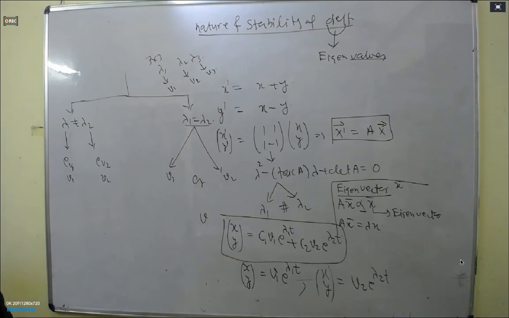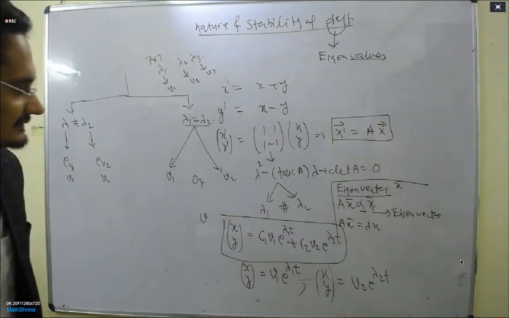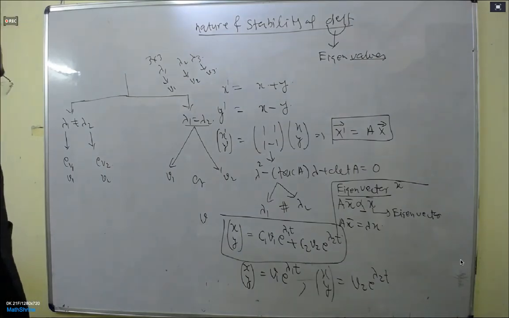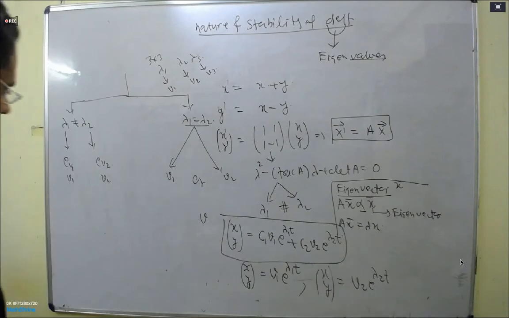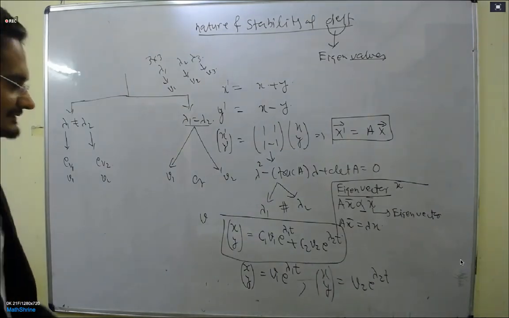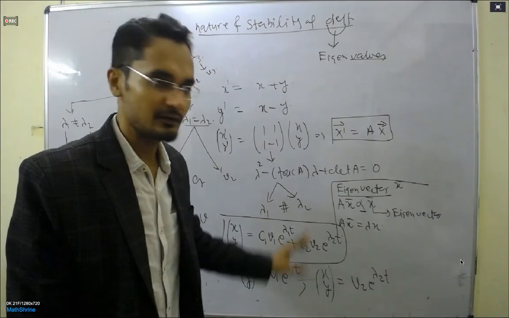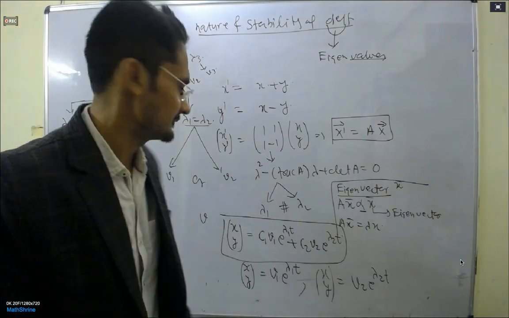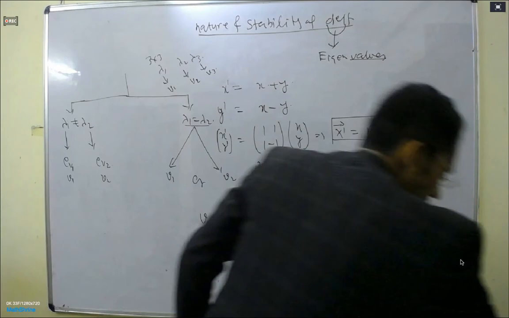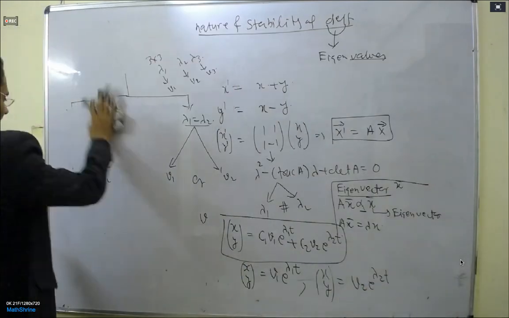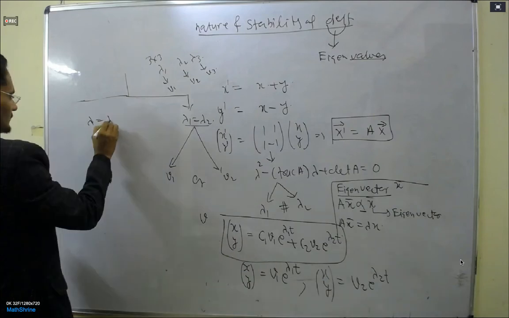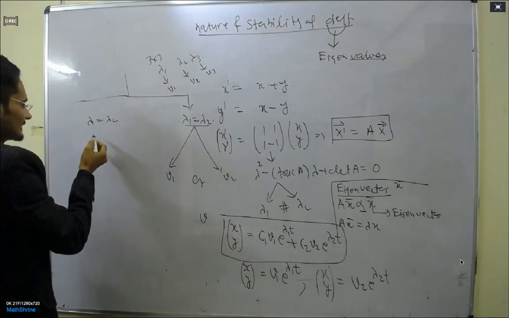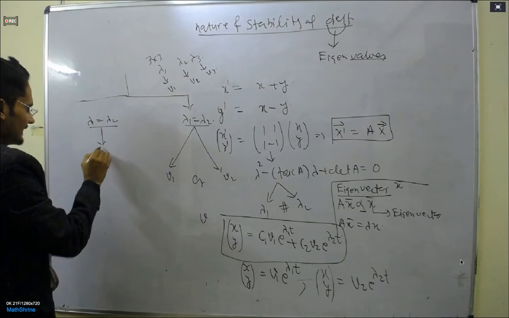Then your answer will be, yes, x comma y is equal to c1 v1 e power lambda 1 t plus c2 v2 e power lambda 1 t. I have two eigenvectors, right?